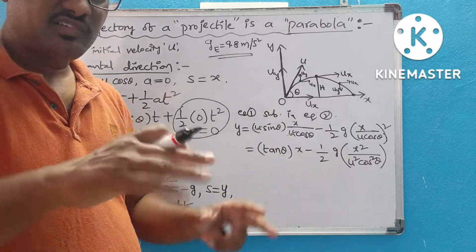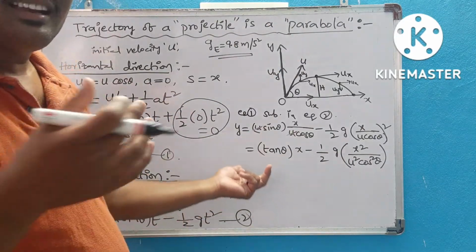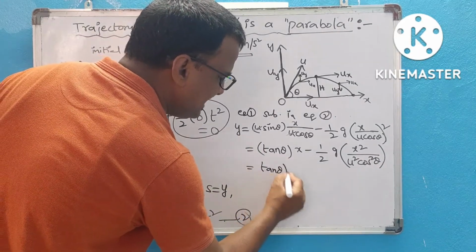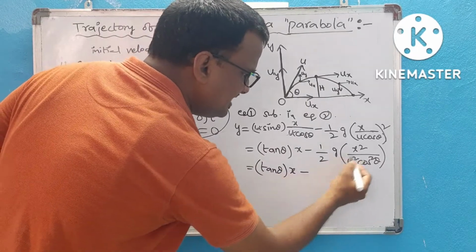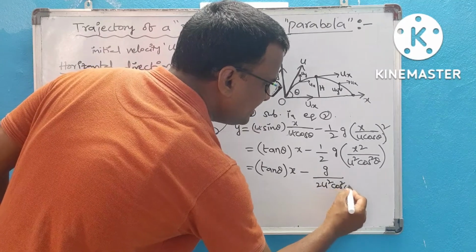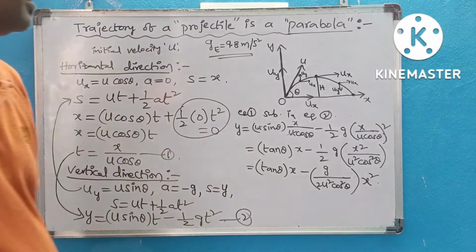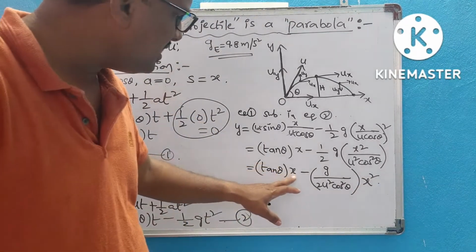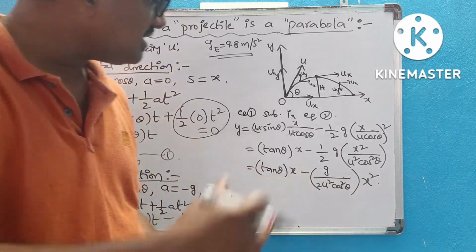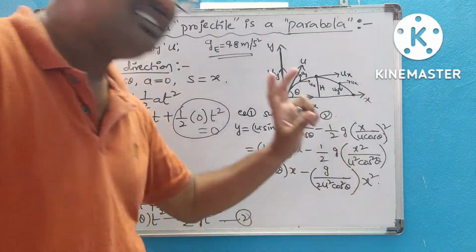So tan theta x, minus g by 2u square cos square theta goes in the bracket, but x square is outside the bracket.